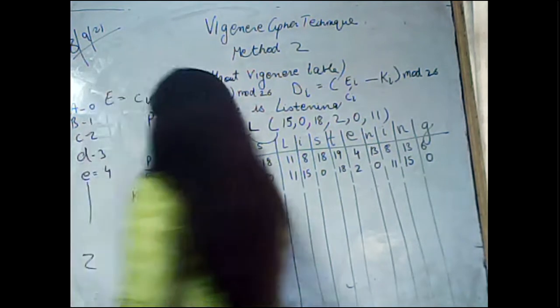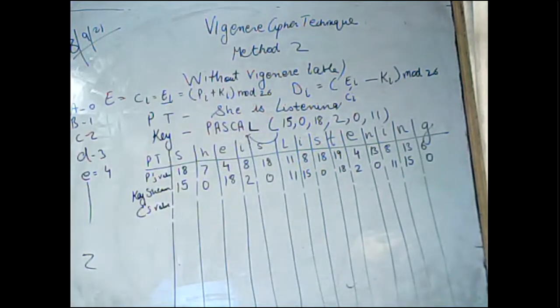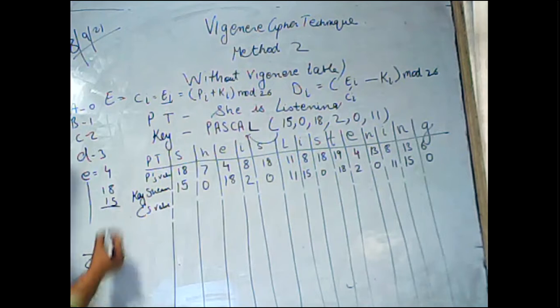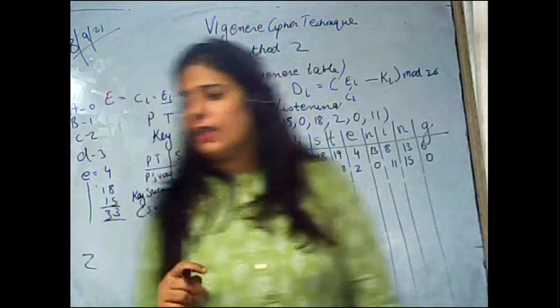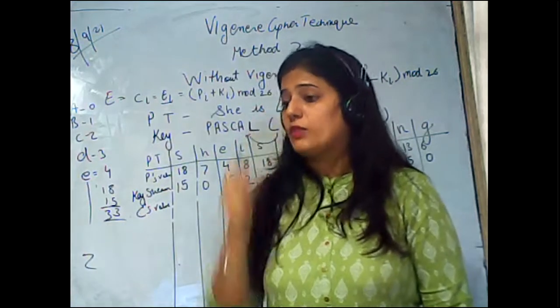Now we will add both these values, and we get the ciphertext value. What is 18 plus 15 here? That is 33. But the total number of elements in the alphabet is 26.